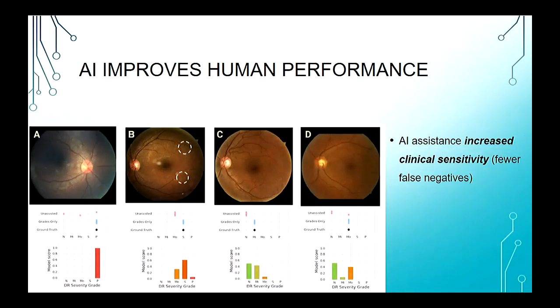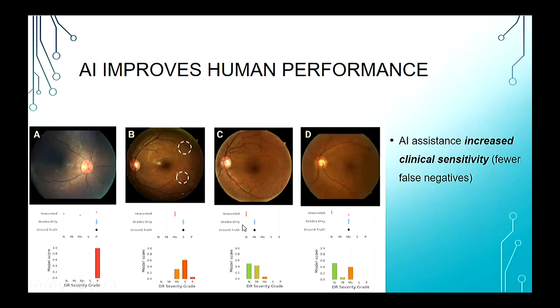The clinicians that got the grades only had increased sensitivity, so they had fewer false negative cases. So what I want you to see here is that these are 4 different cases. I found that very interesting. And these tables right below show the unassisted human grades versus the grades only.